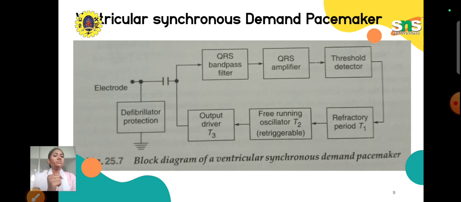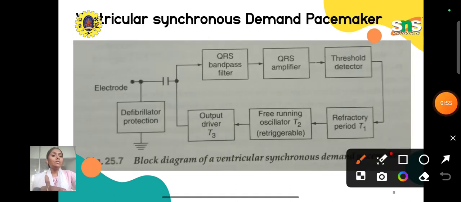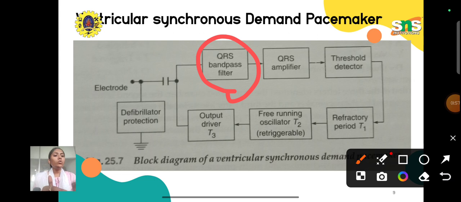Here we first sense the actual heart rate, whether everything is within the threshold value. First we tap the ECG signal by means of the electrode, then it goes to the QRS band pass filter. This QRS band pass filter extracts only the QRS from the ECG signal.